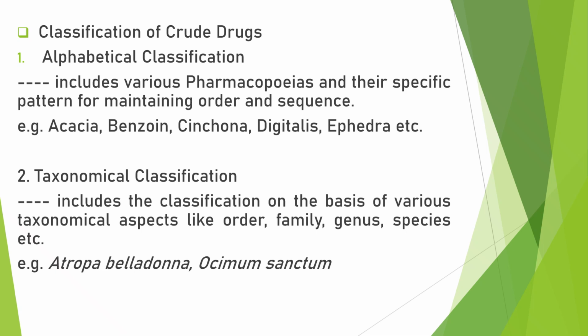Next, moving towards taxonomical classification, which generally includes the classification on the basis of various taxonomical aspects like order, family, genus, species, etc. The drugs here are classified according to plants or animals from which they are obtained in different phylum, families, genera, species, subspecies, etc. This method of classification is based on the consideration of natural relationship or phylogeny among plants and animals.